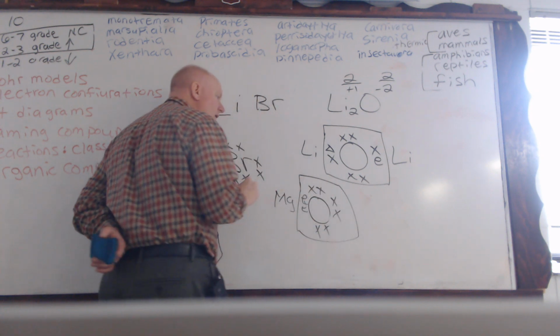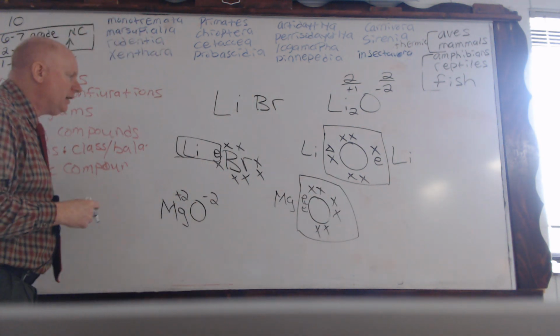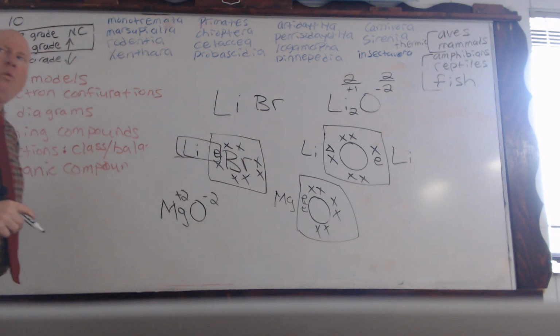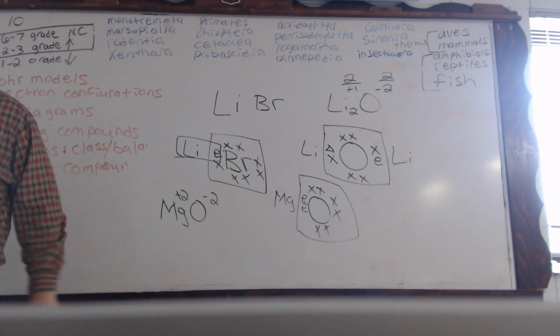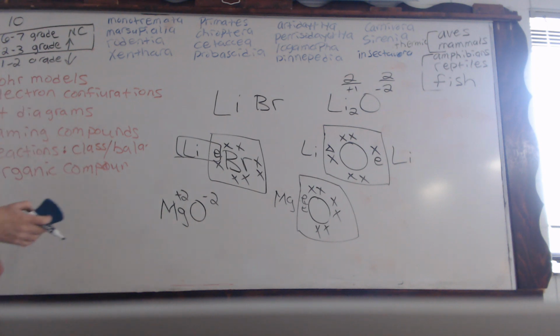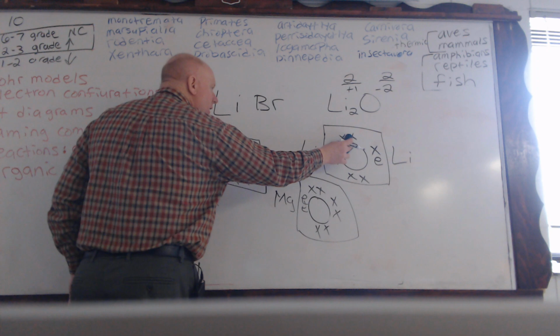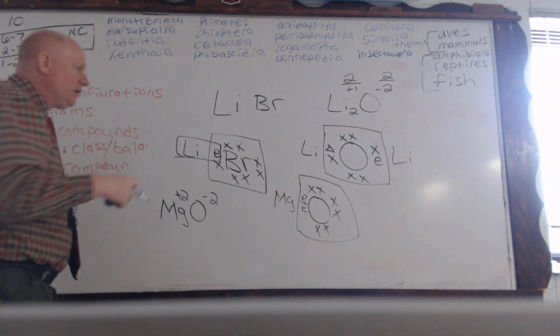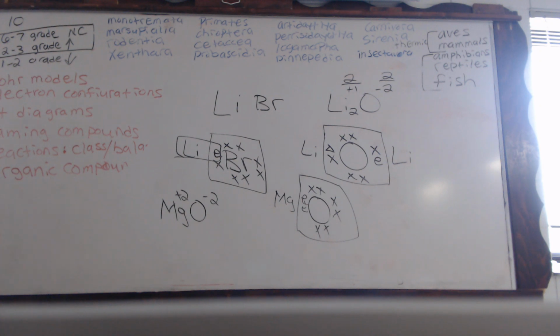None. Well, that's odd. Aren't we supposed to satisfy the octet rule? No, because metals don't want electrons around. They want to get rid of them. And that's why we see oxygen having a box around it, but lithium does not, because it gave its electrons away to the oxygen. Same with the magnesium.